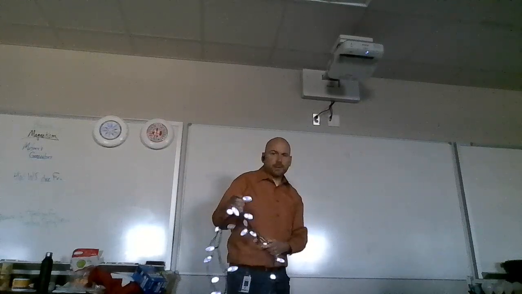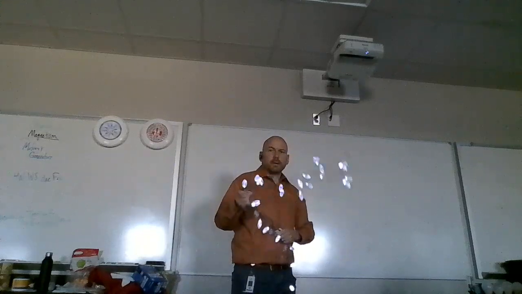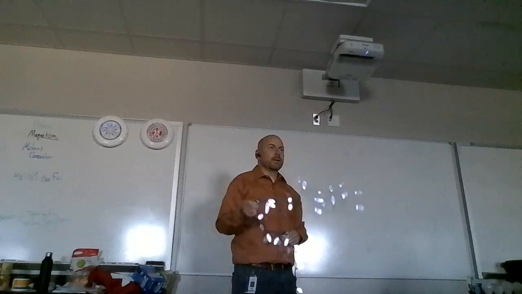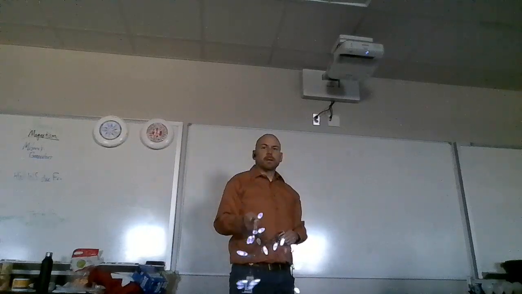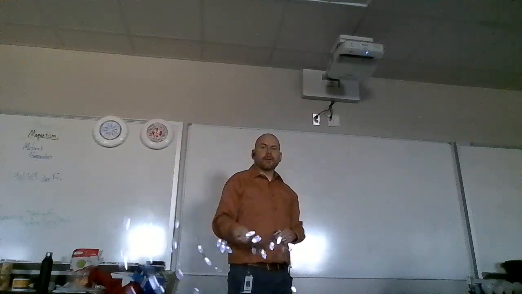So here's my proof. If you watch these, you can kind of see them strobe a little bit, like a strobe light. And as I spin them faster, you can see them in one spot and not in other spots. They're flashing on and off.